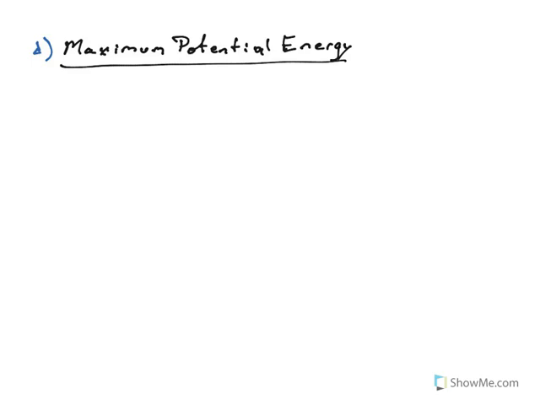To get this, we have to remember back from General Physics 1 that the potential energy due to a spring was 1/2 kx squared. We need the spring constant k, which we just found, 0.395. X is how much the spring is stretched, and we're told it's stretched by 0.5 centimeters.